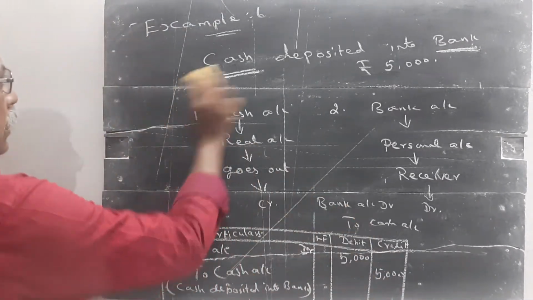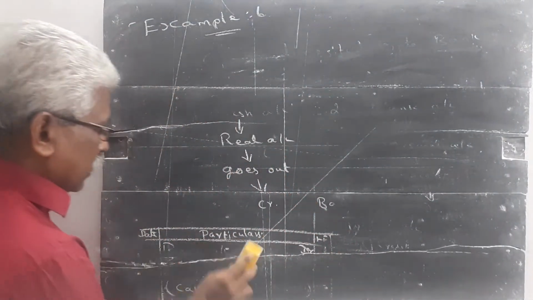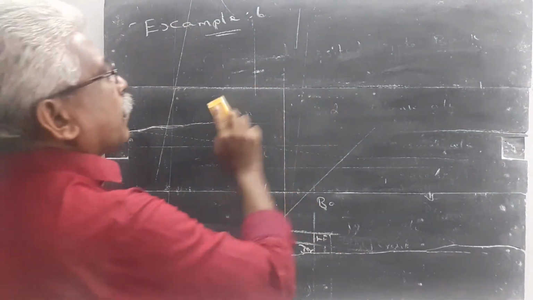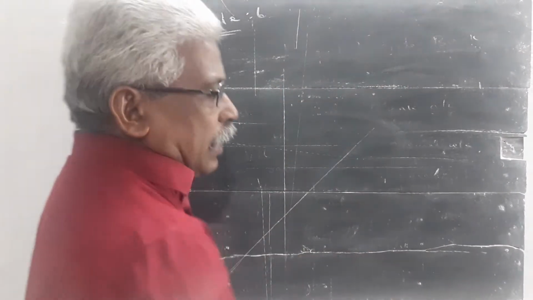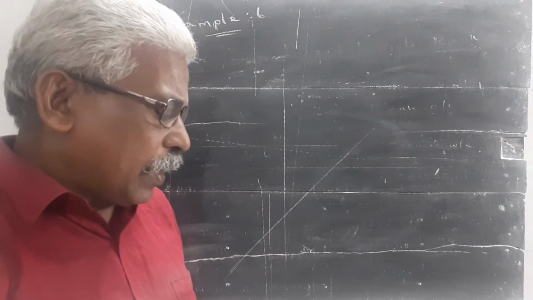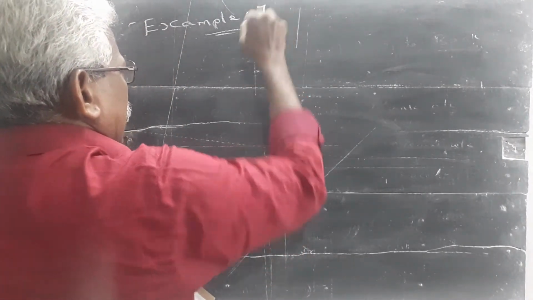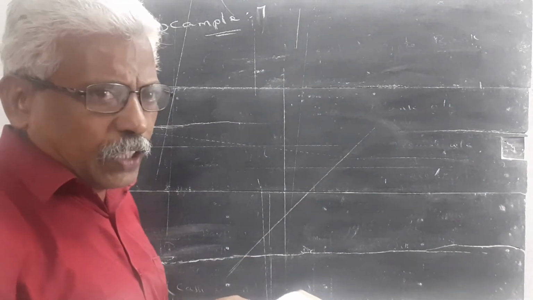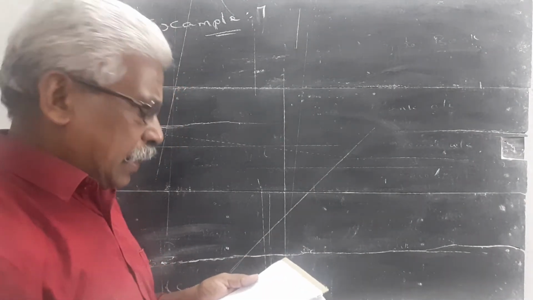Then example number 7. Simple questions are given systematically in the Tamil Nadu textbook. Only simple questions are given. At the initial stage it may be difficult, but if you study it and write it, we can easily understand.